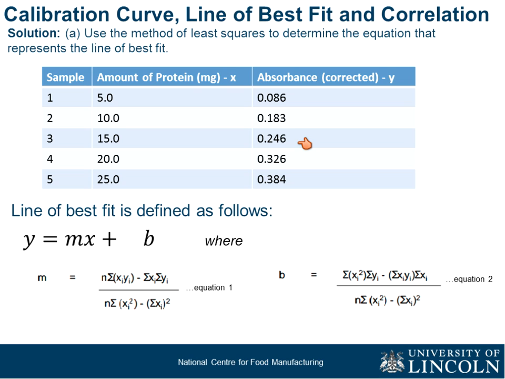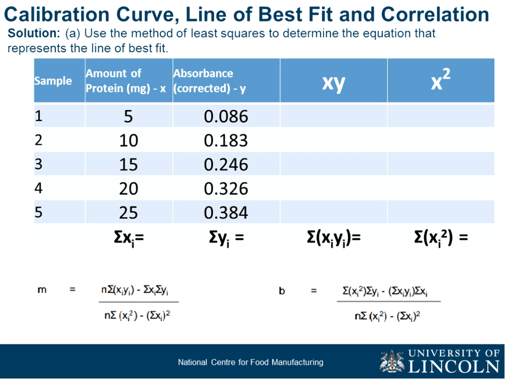So let's do this together. Now, don't forget we say we need XY. XY is 5 times this, 5 times 0.086. You need XY for each of them. Then summing them together, we get this.